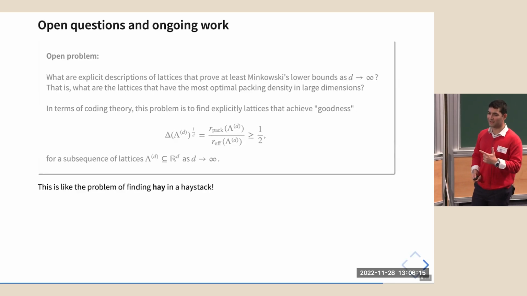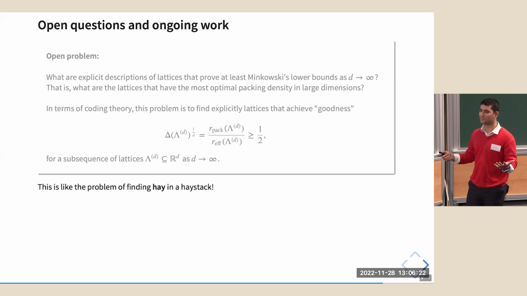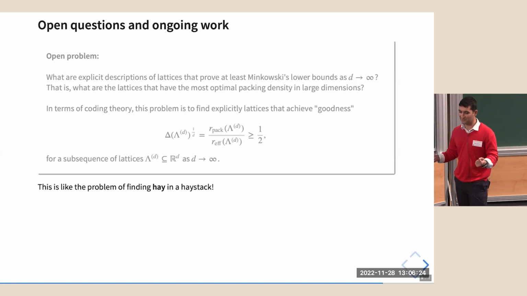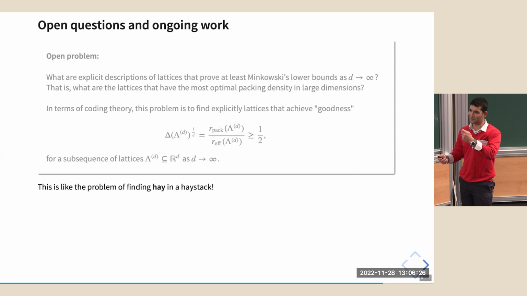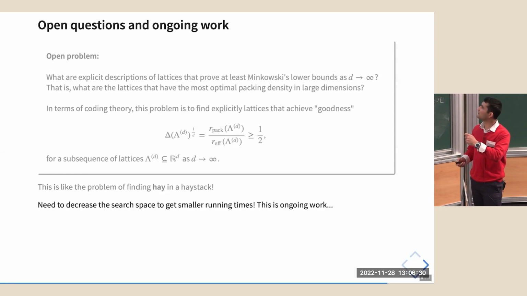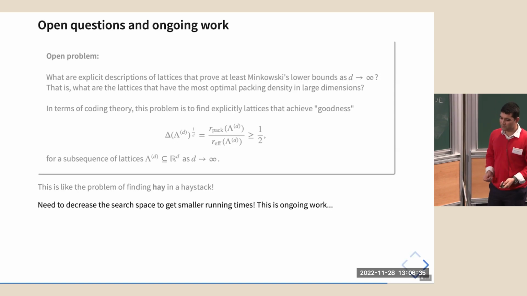This problem is called finding hay in a haystack, because you know a lot of these lattices exist, by random lattice theory, but you cannot pick one out of these random lattices.